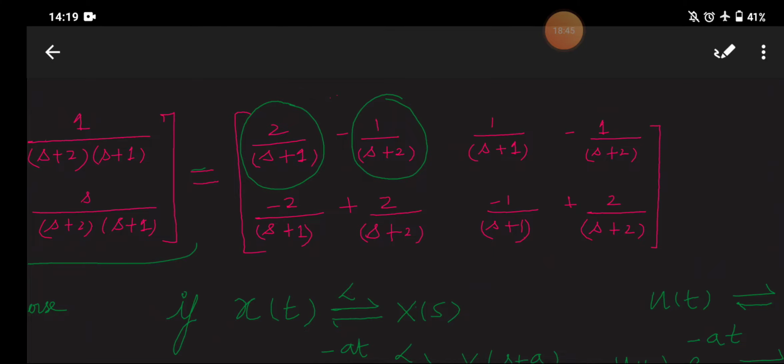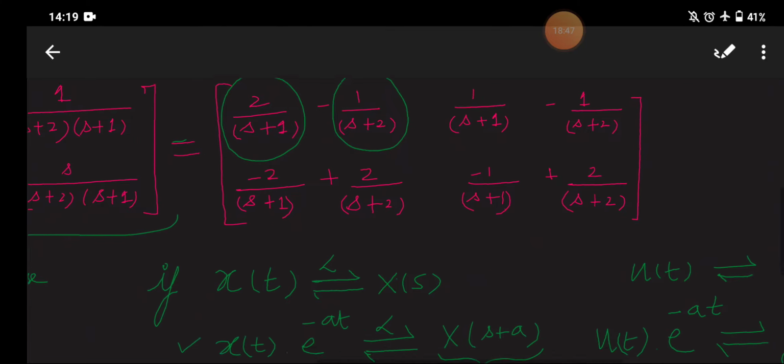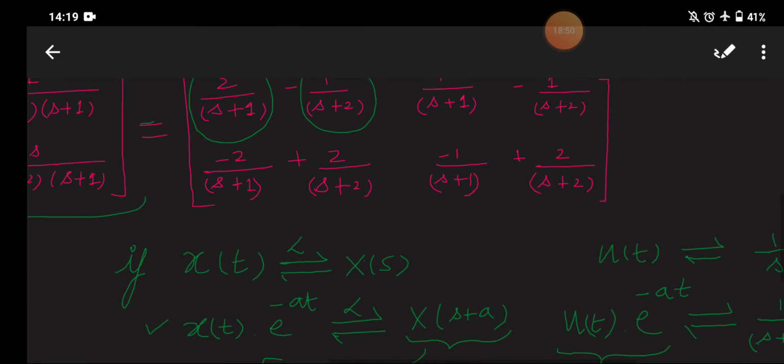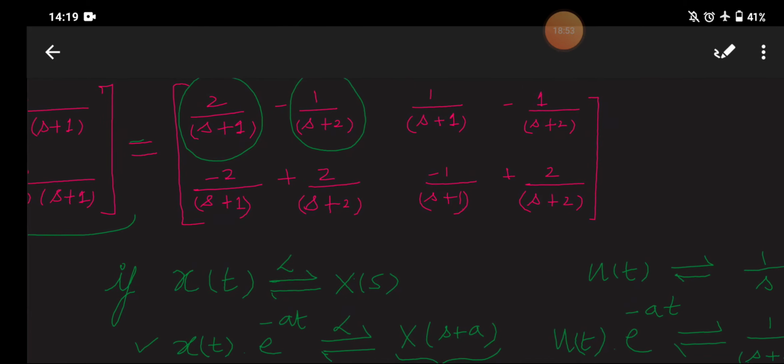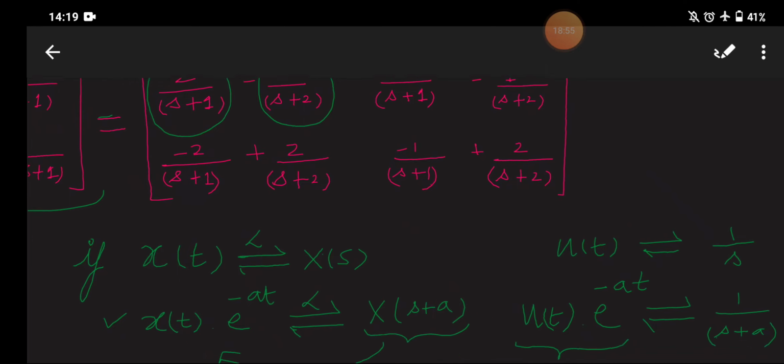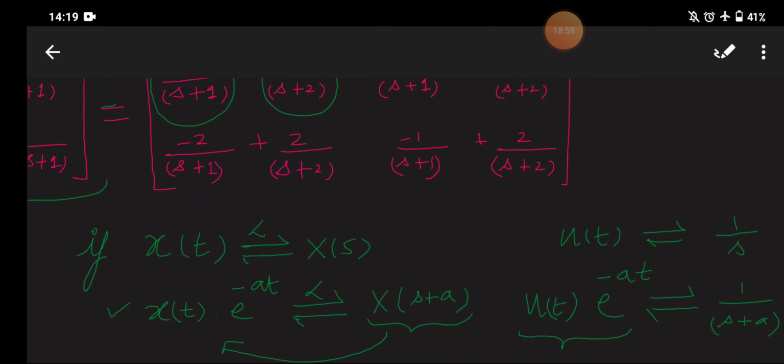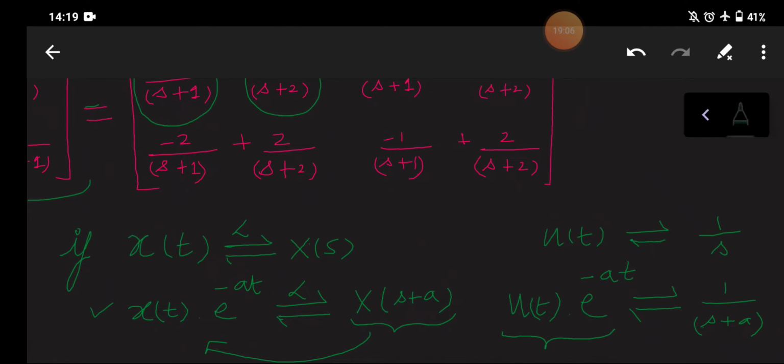And we wanted to determine the Laplace inverse. Using these two formulas we can write the Laplace inverse. So I'm writing for 2 divided by s plus 1. In this formula, 1 divided by s plus a, 2 will be multiplied, so the answer will become 2 u(t) multiplied by e to the power minus a t, and a is 1, so e to the power minus t.